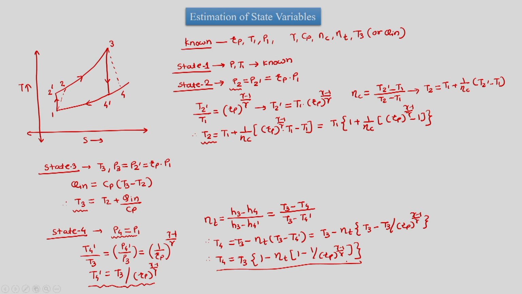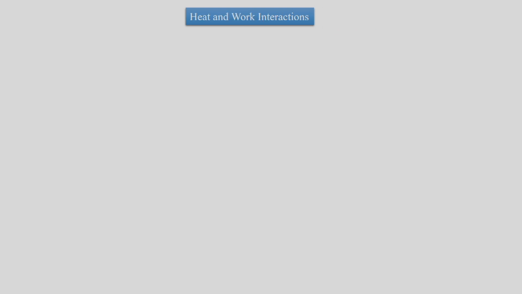So this is how we will know the pressure at station 4 and temperature at station 4. So from the known values of the quantities, we can find out the unknown values of different quantities. Knowing this, we can then find out what is the work and heat interaction in different processes of the Brayton cycle, knowing the different state variables as what we had just now found out.